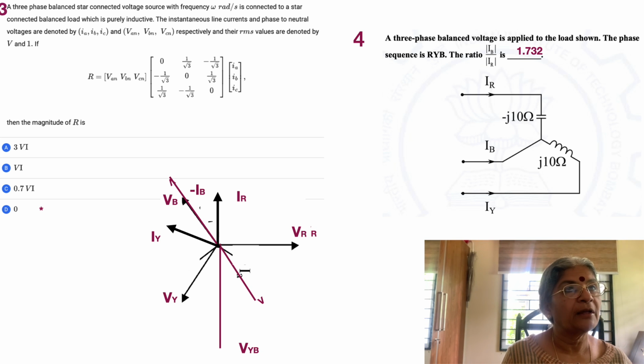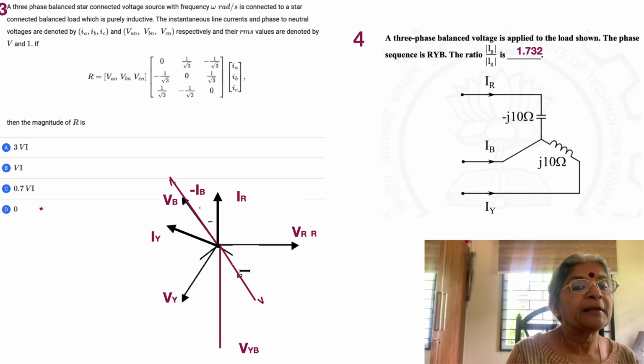Okay, the instantaneous values with respect to neutral, the voltages, respectively, and their RMS values are denoted by V and I. If R is given as equal to VAN, VBN, VCN multiplied by a matrix, the instantaneous value is written out as a row vector. Okay, and then we also have a column vector on the other side, IA, IB, and IC.